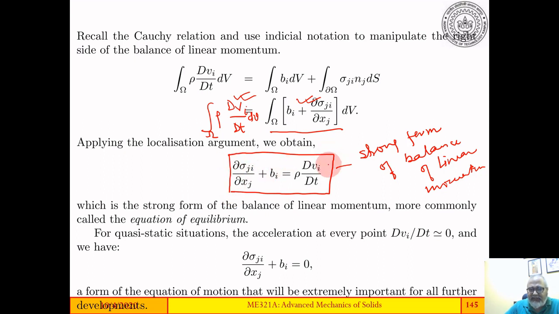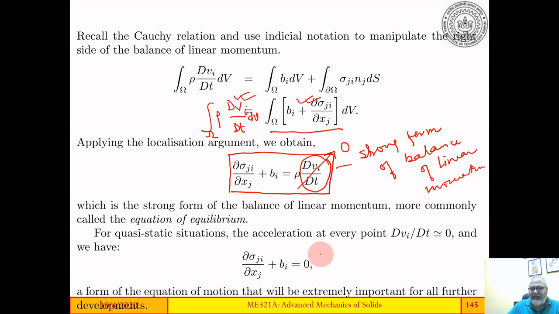This needs to be valid at each and every point. You would realize that the total derivative of the velocity is nothing but the acceleration. So what you have on the right hand side is an inertial force. It's kind of density times the acceleration. It is inertial force per unit volume. And for most quasi-static problems, this is very small, or we assume this to be very small.